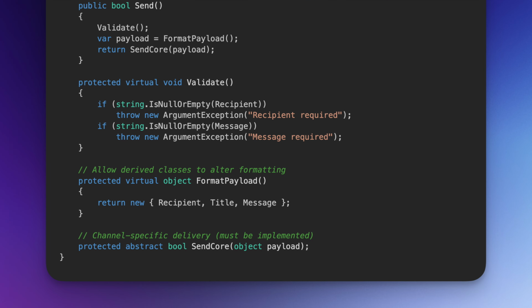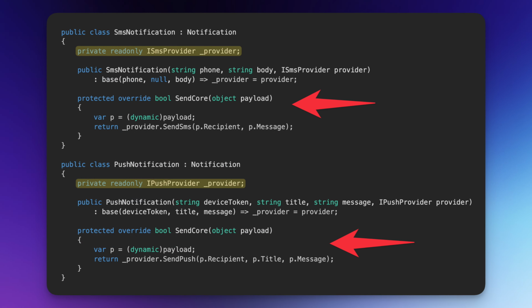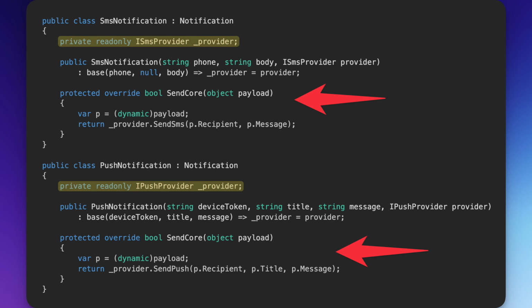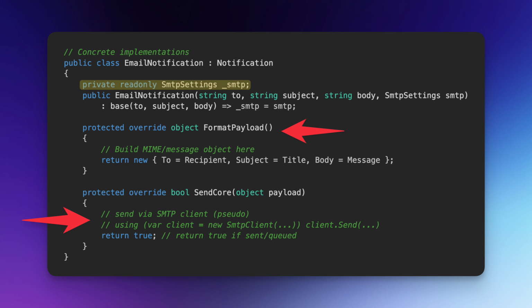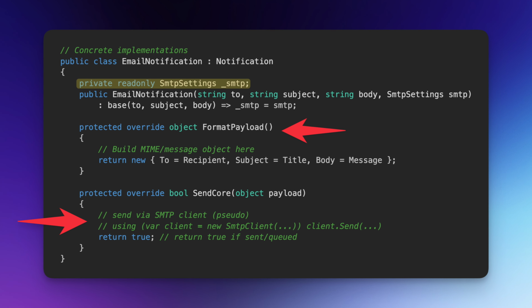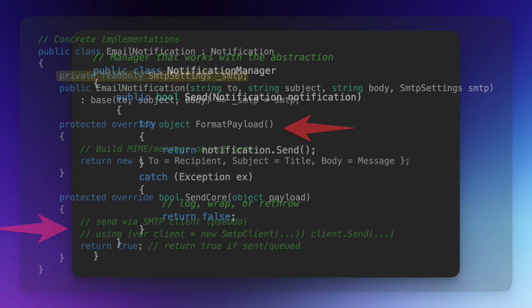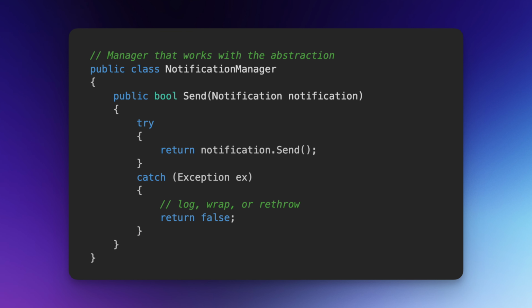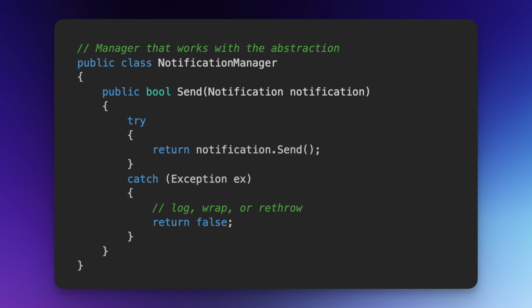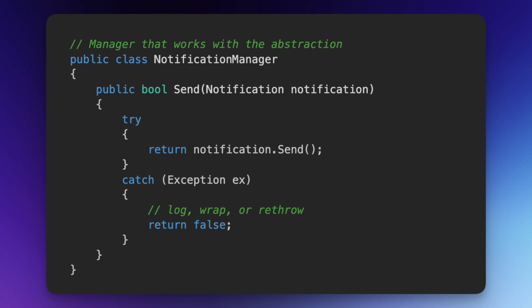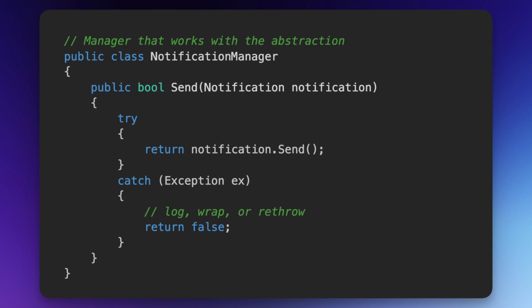Subclasses like email notification, SMS notification, and push notification override this method to handle channel specific sending logic like building email MIME objects or integrating with push services. You have a notification manager that simply works with abstraction, calling send on any notification object and handling errors gracefully.